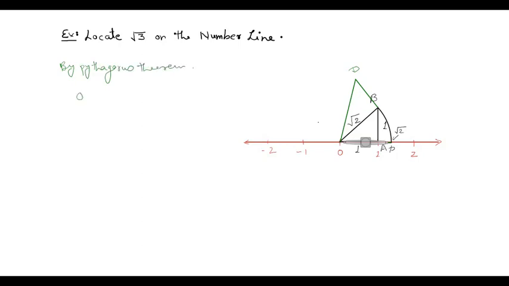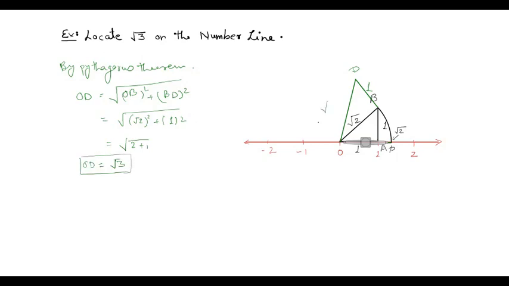OD is equal to the square root of OB square plus BD square. Here BD is again of unit length and OB is equal to the square root of 2. So square root of (square root of 2 square plus 1), so it becomes square root of 2 plus 1. So we can say OD is equal to the square root of 3. This is the length of OD, square root of 3.